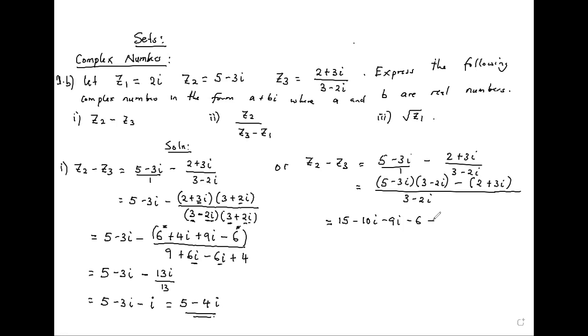Minus, you open now on the other side. Minus 2 minus 3i over 3 minus 2i. 15 minus 6 minus 2. That is 15 minus 8. So we get 7. And then negative 10 minus 9. That's giving us negative 19.